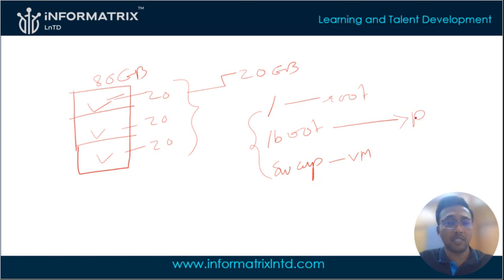The primary partition is required to install the bootloader program or bootloader-related files. Slash is created during installation as an LVM partition, slash boot is created as a primary partition, which is a standard partition type, and the swap partition is also created as an LVM partition. We will learn how to create LVM and the procedure for it, and we are going to use it for storing the data.